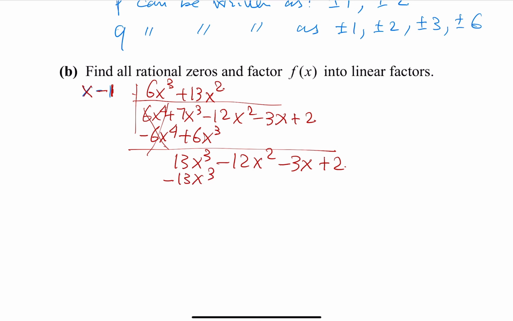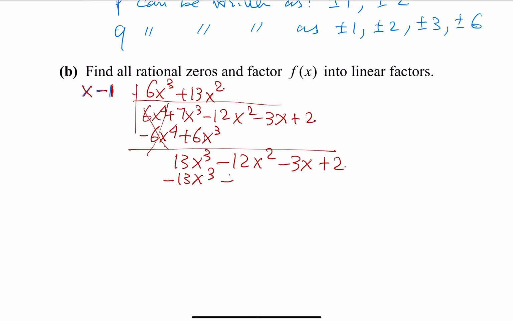Now do the same thing for negative 1. Which number do I have to multiply by negative 1 to give me this one? Just take 13x squared. 13x squared times negative 1 is negative 13x squared.